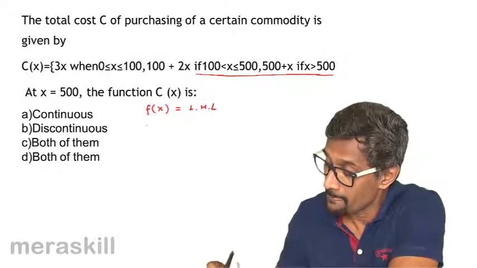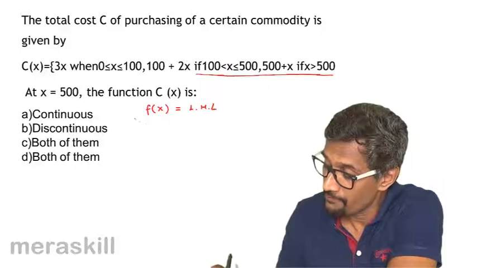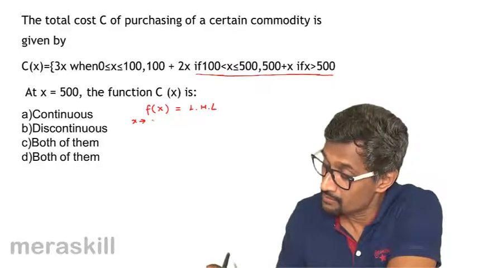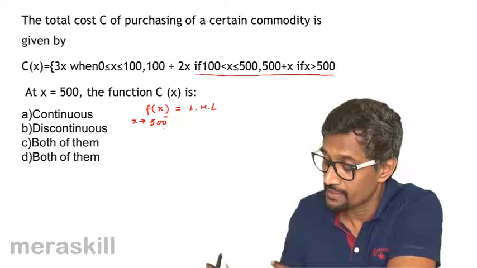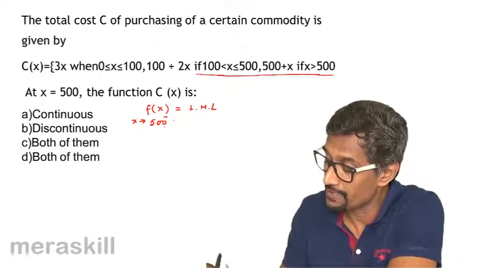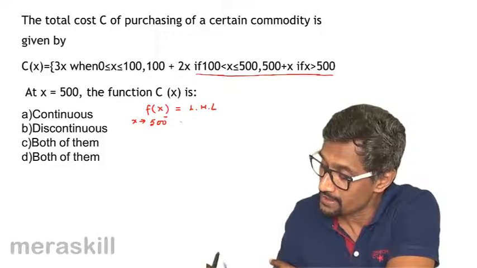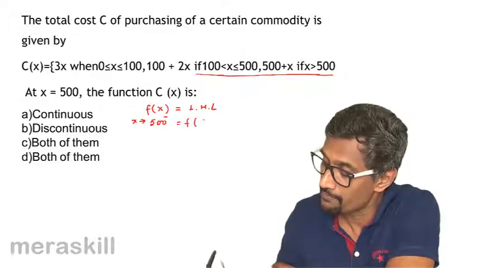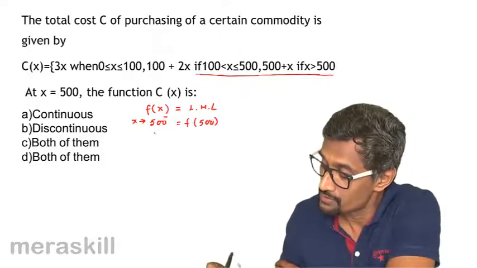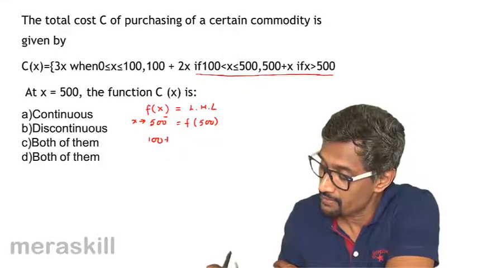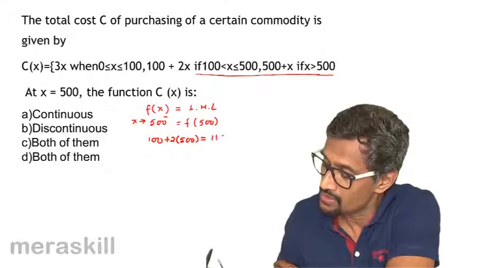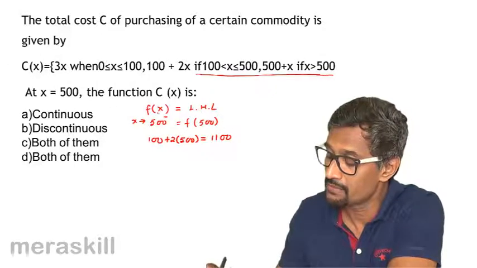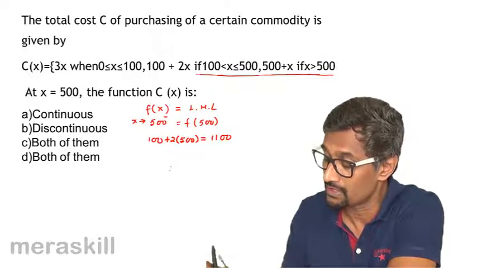That means it's going to be f of x when x moves towards 500 negative, that is from lower values of 500, you end up getting f of 500, which is going to be 100 plus 2 into 500, which is 1100. So the left hand limit and f of x is 1100.